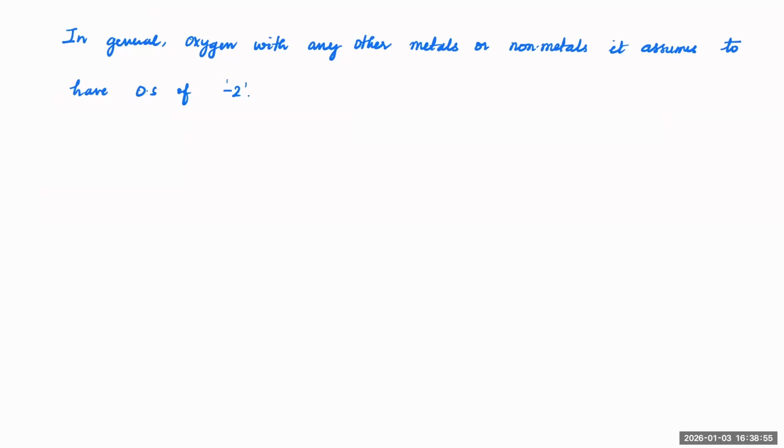Just knowing the role of oxygen, this information is sufficient to calculate the oxidation state of any unknown compounds. Let me show you a few examples here.